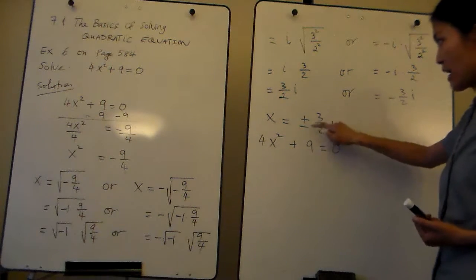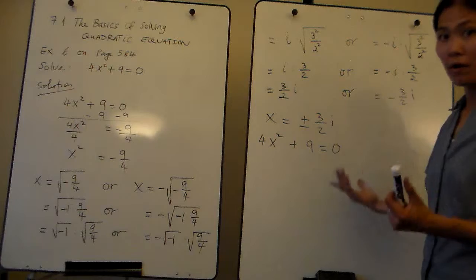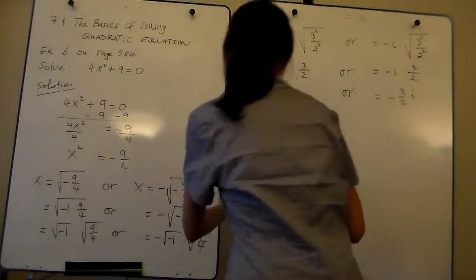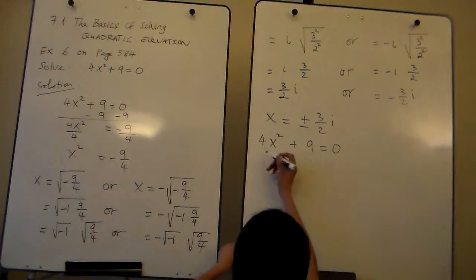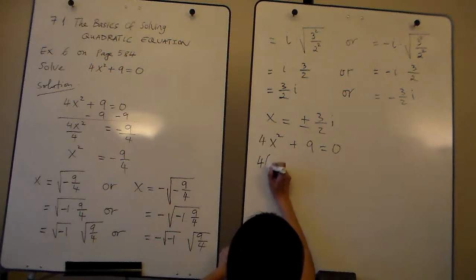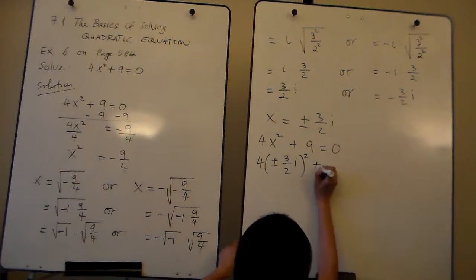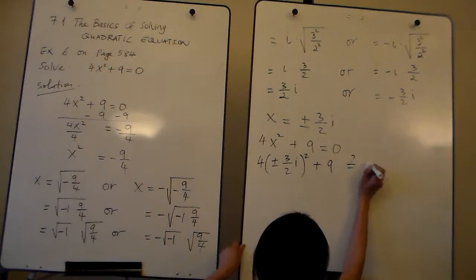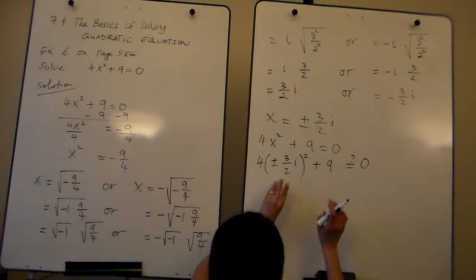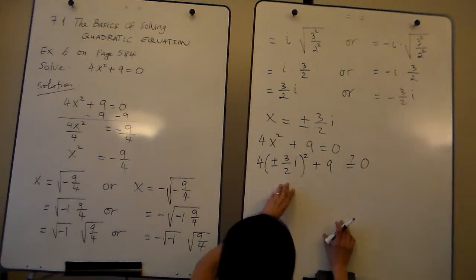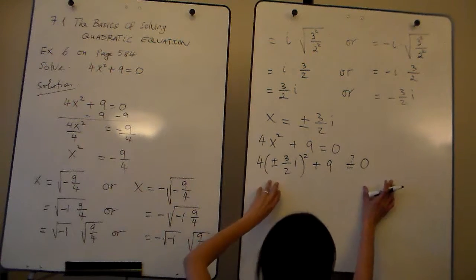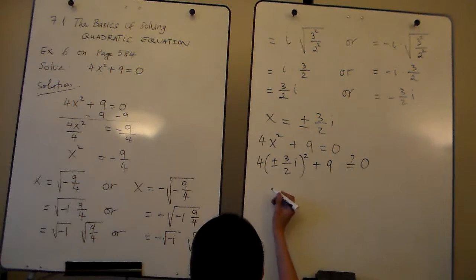So I will substitute x as plus or minus 3 over 2 i, squared, plus 9, question mark. You don't know yet if this is a true solution, so you put a question mark.